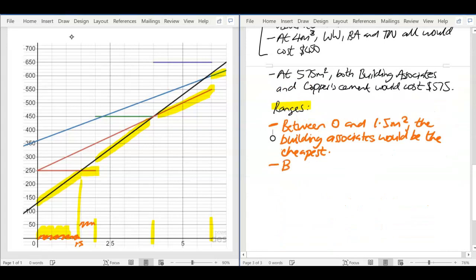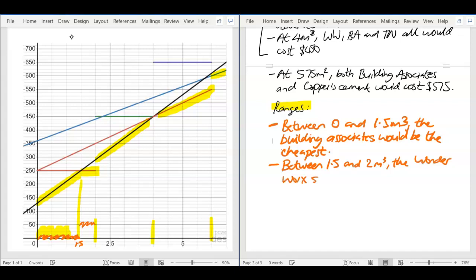So between 1.5, or I wrote squared before, but that should be cubed, and 2 meters cubed, the Wonderworks should be the cheapest.